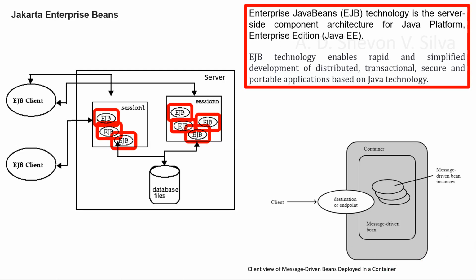To a client, a message-driven bean is simply a message consumer. The client sends the messages to the destination or endpoint, for which the message-driven bean is the message listener, just as it would do with any other destination or endpoint. The message-driven bean, as a message consumer, handles the processing of the message.